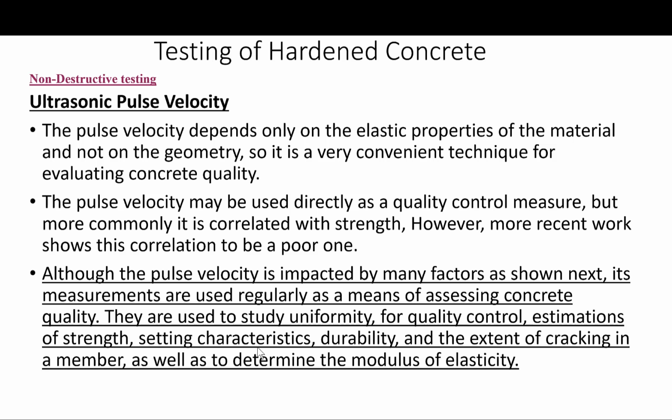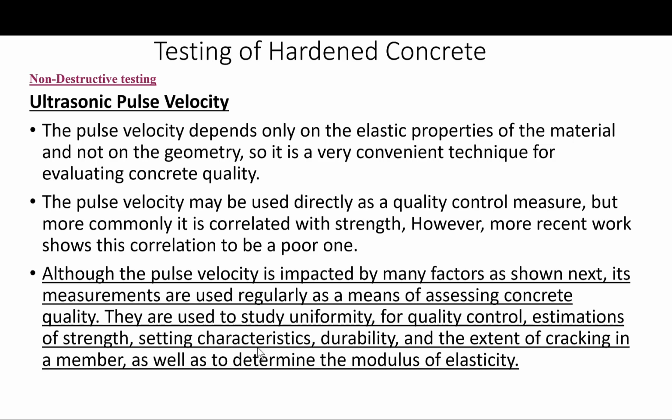In fact, mechanical impulses applied to a material generate three types of waves: longitudinal or compressional waves, shear or transverse waves, and the surface waves, otherwise referred to as Rayleigh waves. The longitudinal waves are the fastest, and they are the ones most useful for testing purposes.